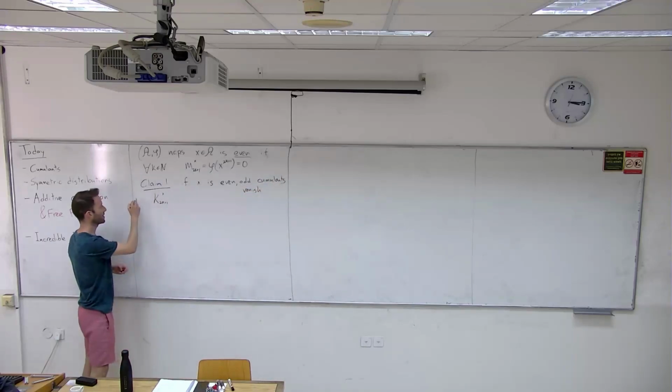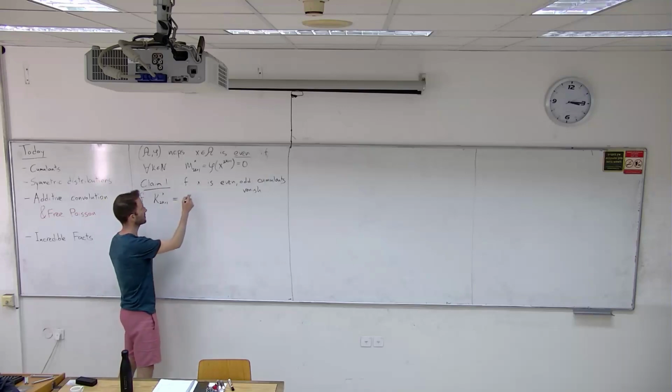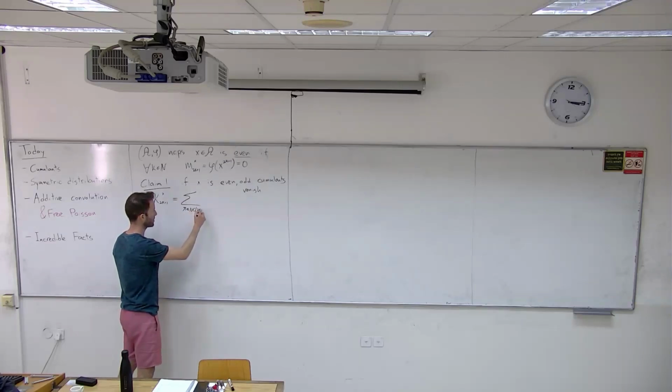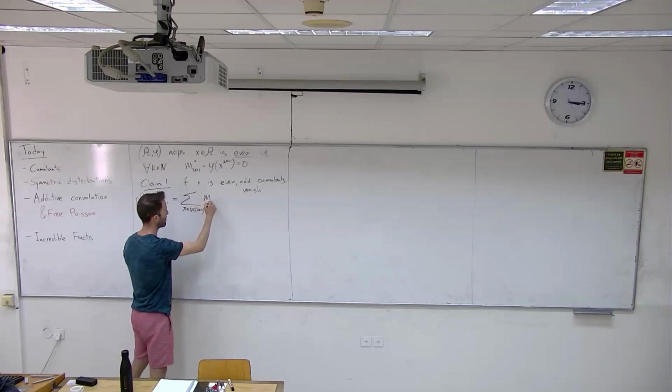And how do we prove that? Well, it's going to be simple, just writing down the definition. So the (2k+1) cumulant of x is the sum over all non-crossing partitions of 2k+1 of m_pi.